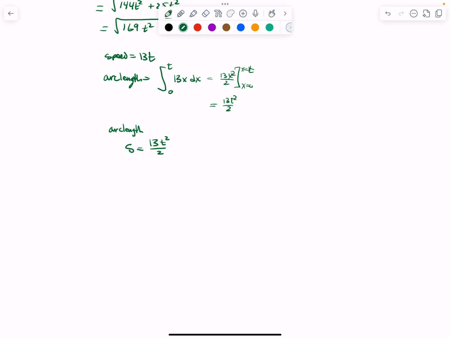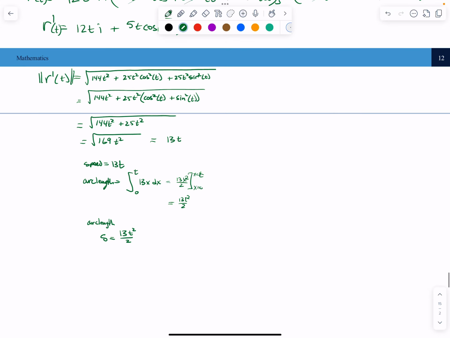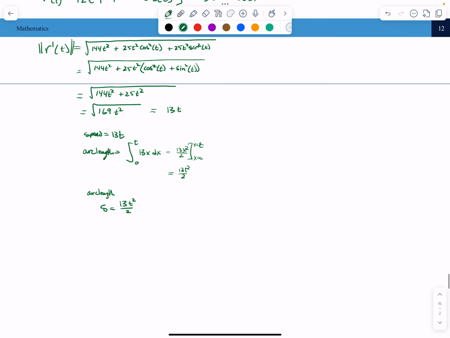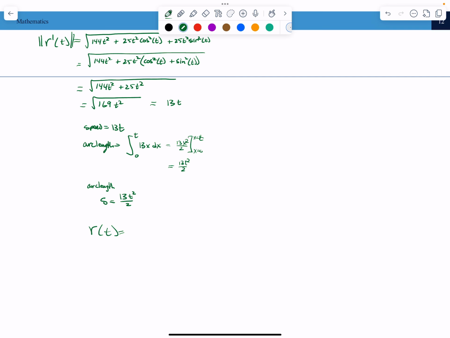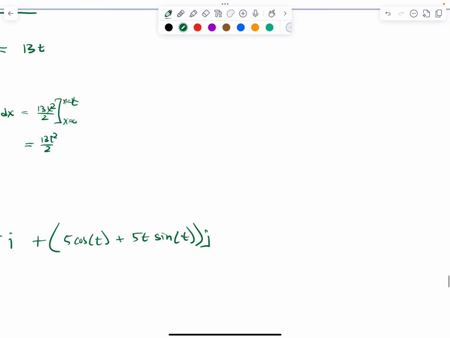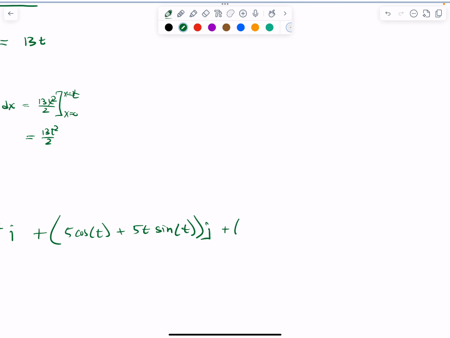What I'd like to do is reparameterize the original curve. I'm going to have to rewrite this. r of t is 6t squared times i, plus 5t sine times j, and then 5t cosine minus 5 sine.